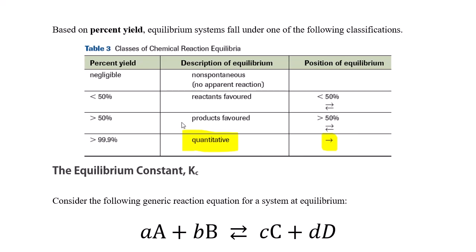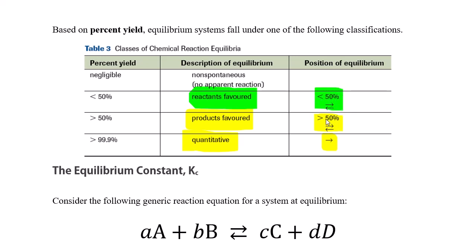If the reaction goes greater than 50%, so more than 50% of my original reactants end up as products, then we would say that the reaction is products favored. And on top of the equilibrium arrow, we can specify that the reaction goes greater than 50%. If the reaction does not go very much, it produces some products, but it's less than 50%, then we could say that it's reactants favored. And above the reaction arrow, we could write less than 50%.